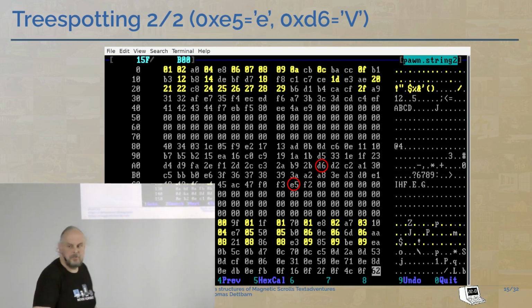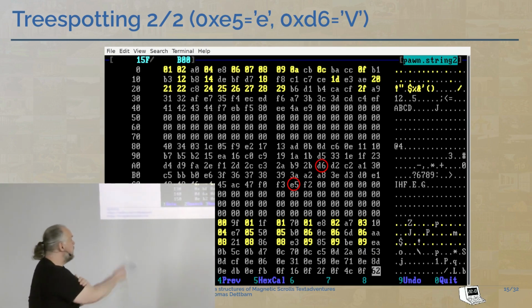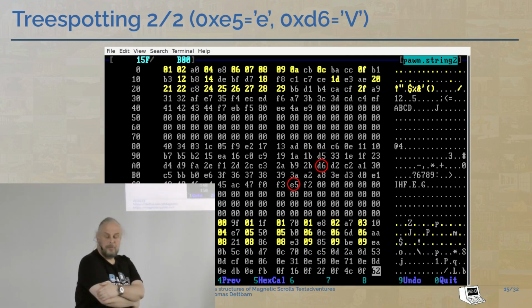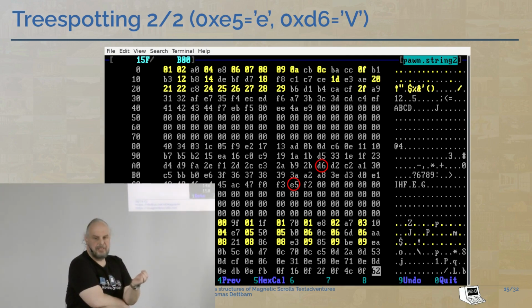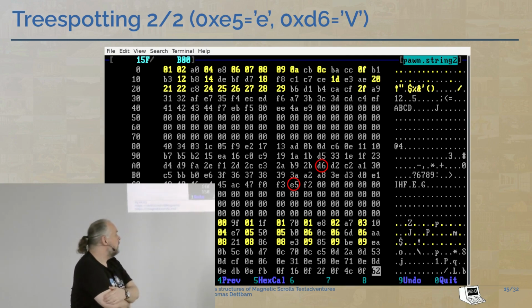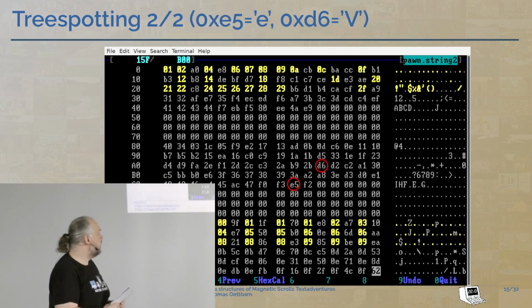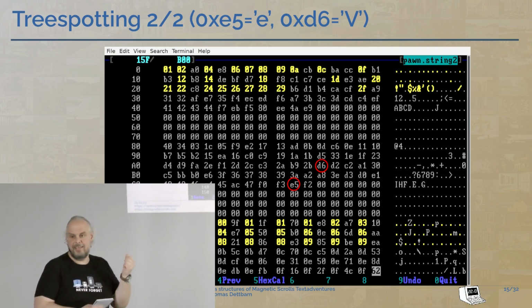As it turns out, the numbers on the top are actually links to other branches within the tree. The other bytes, which I did not highlight here, when you look at them closely, you will notice that they always have the highest bit set, and those were the terminal symbols.